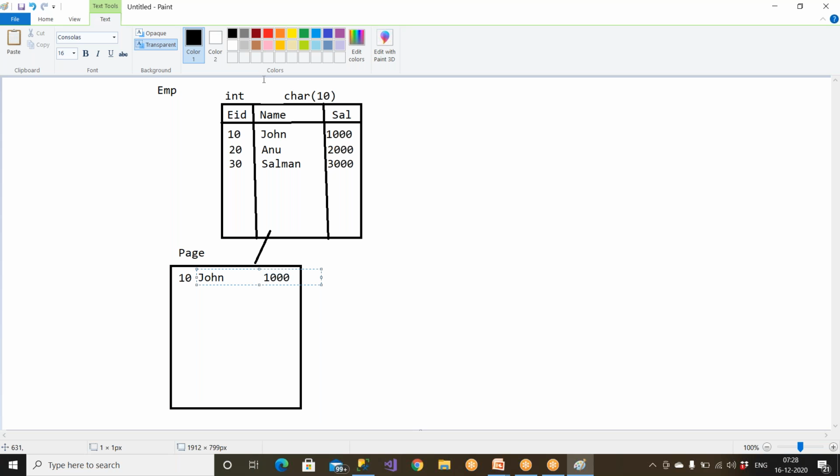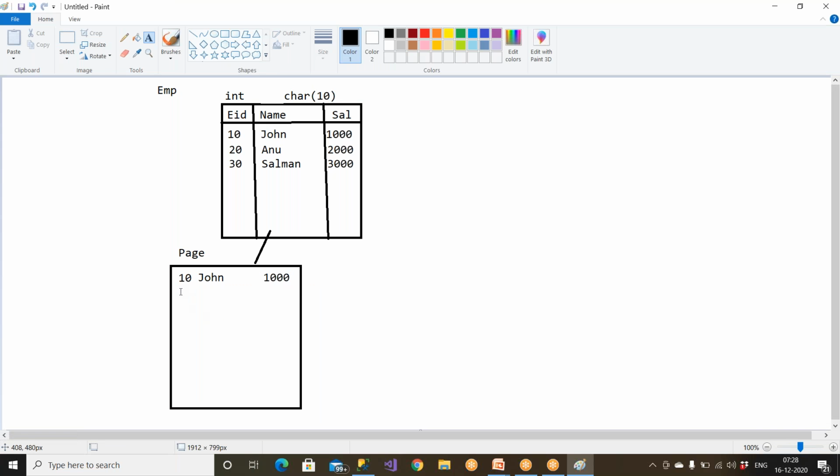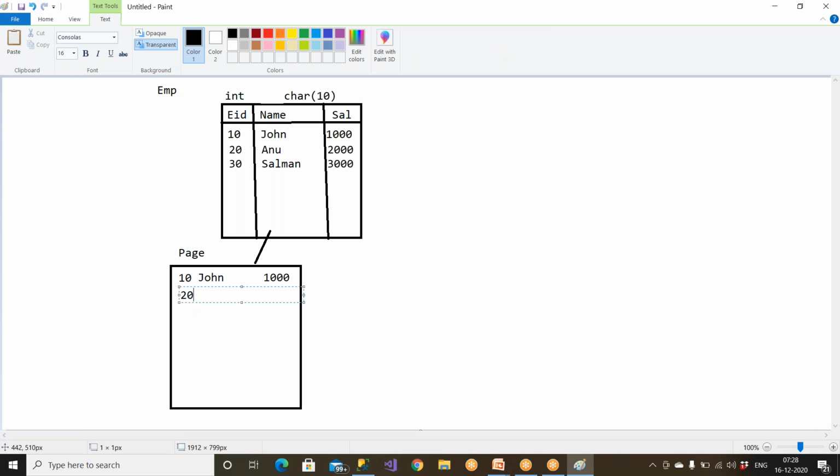Clear? So whether you use all the data or not, it is going to give you 10 characters, but you're taking only 4 characters. The next data will come here, 20. Now Anu is going to occupy 3, 4, 5, 6, 7, 8, 9, 10. Then 2,000 is going to get saved.